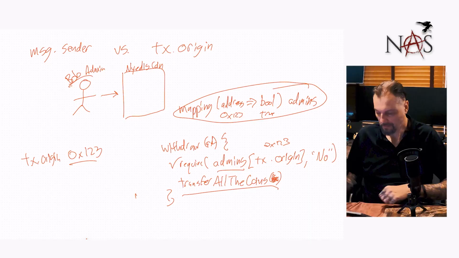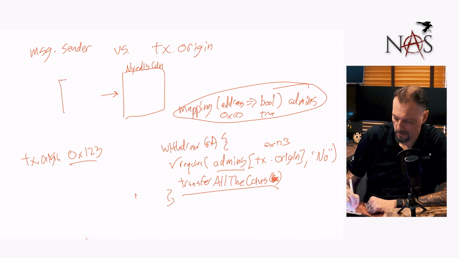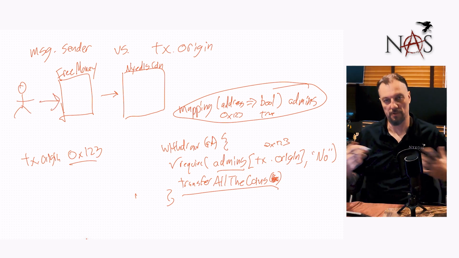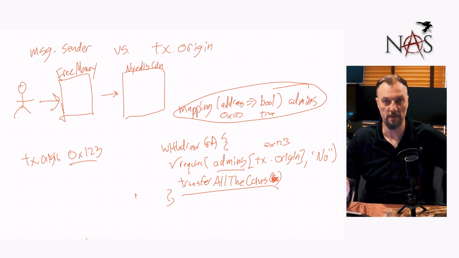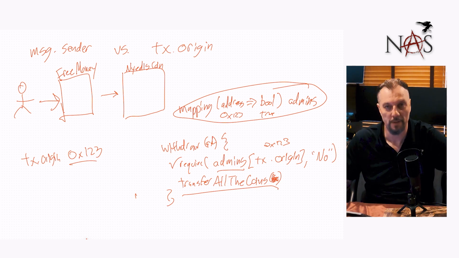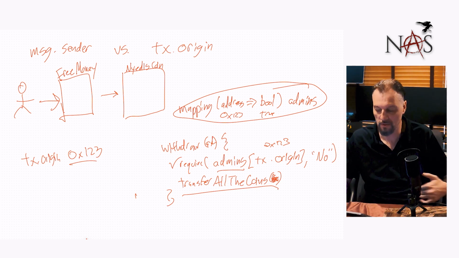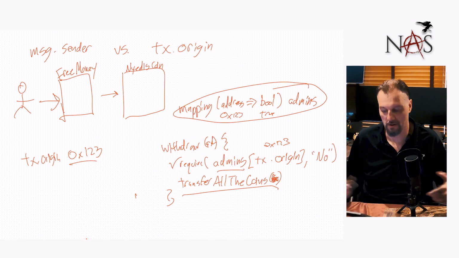It's actually pretty simple. All we've got to do is move Bob over here, and we're going to make another smart contract, and we're going to call this Free Money. Bob is just tooling around the internet, and he finds this really cool website called Free Money, where you get free crypto coins, or maybe someone hit him up on an email or on Discord and said, hey Bob, there's this really cool site, you get free coins, you just show them your wallet address, you verify it, and then bam, you get all these free cryptocurrencies.